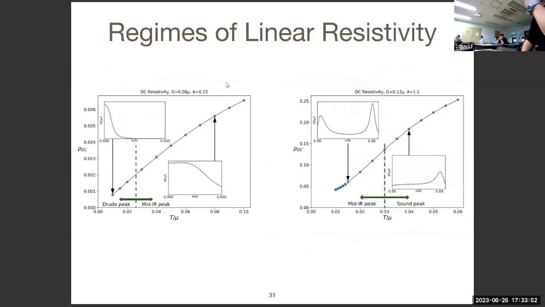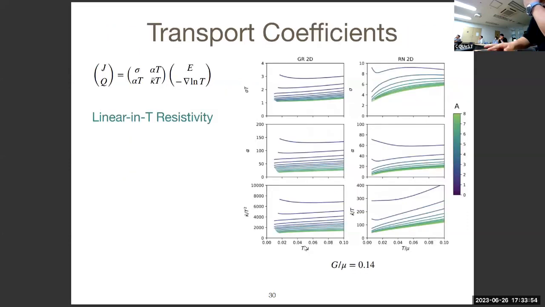Can you say what the range of temperatures is? Can you translate back into the lab frame? Say, is this across 300, 400 Kelvin? No. Mu is a key parameter. Mu is a big parameter, which is why I can't do that.